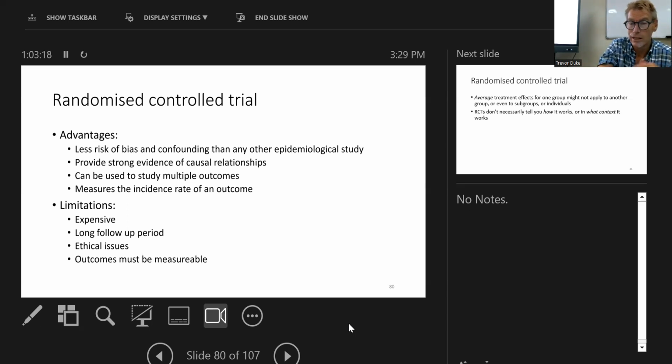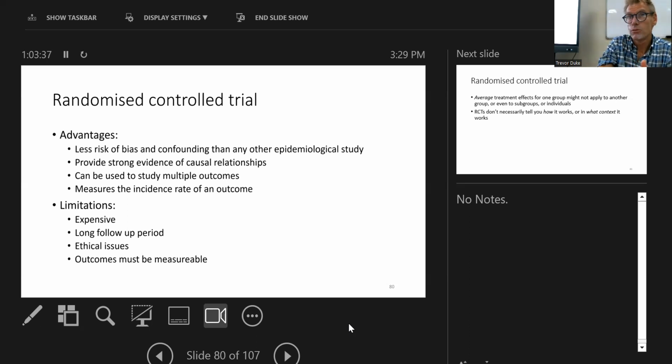The problems are it takes a long time to do, and they're expensive. There are sometimes ethical issues depending on how they're done, especially if you need to be clear that the control group, the group that aren't getting the intervention, still gets the best possible treatment.